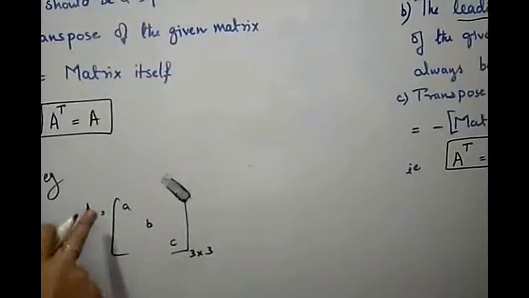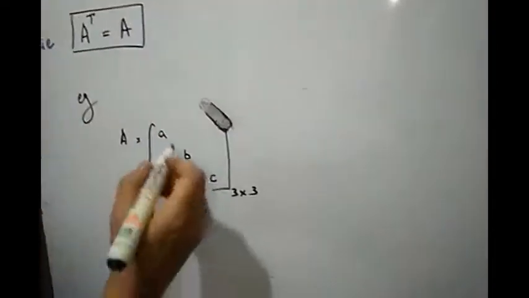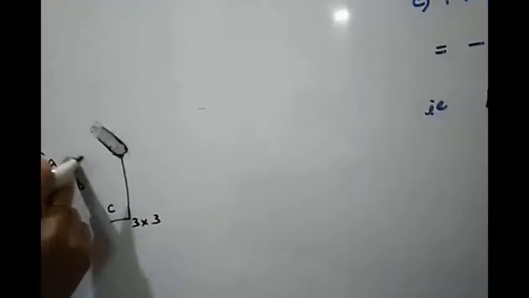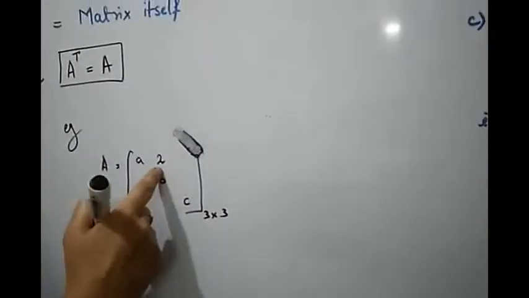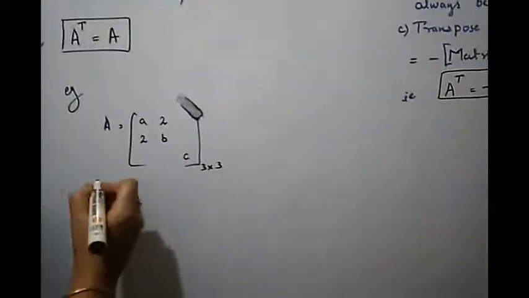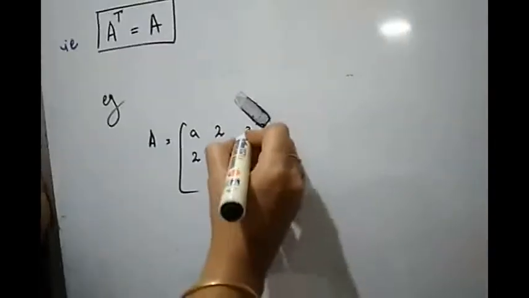Now, how to insert the elements? Here I am putting, that means it is the first row, second column, the element 2. Then the reverse, second row, first column, the 2 should be mentioned over here. Here I am mentioning 3, that means first row, third column, it is 3.